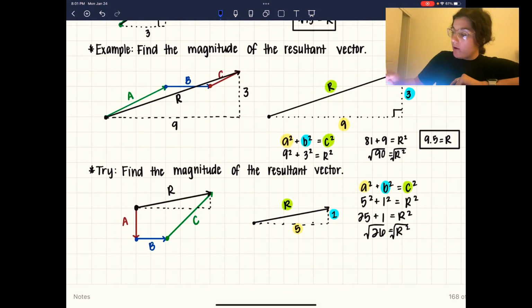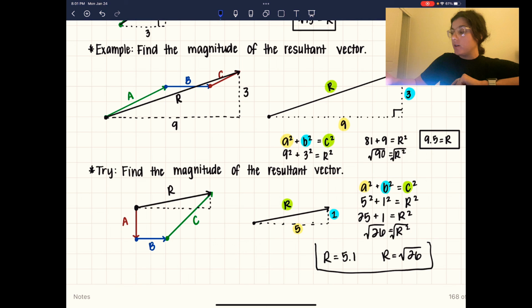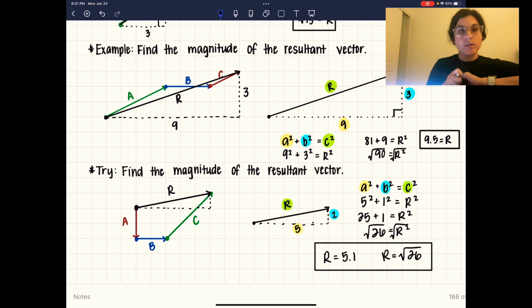So whether you write your answer as 5.1 or you just keep your answer under the square root, either answer is acceptable for your final answer for your magnitude.